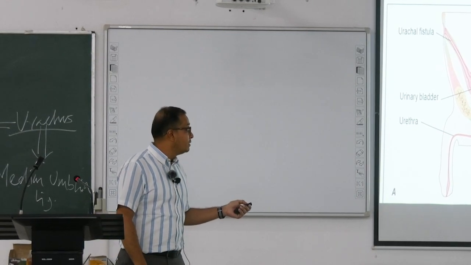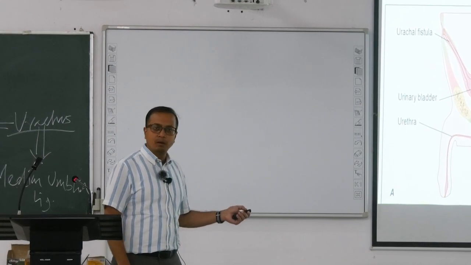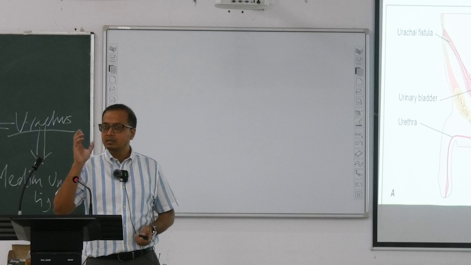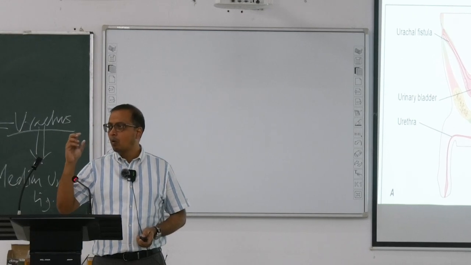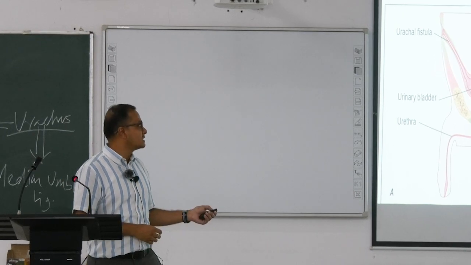There is a third entity, which is known as a urachal cyst. The distal part and the proximal part are absorbed, the central part is unabsorbed and remains and holds tissue along with some fluid in it, and can form a cyst-like structure.